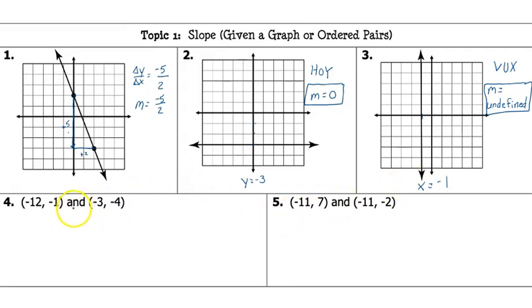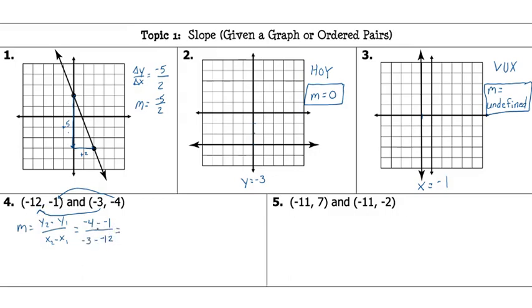Number 4 here, we're still looking for slope, so we're talking about the change in y over the change in x. So remember, our formula is m equals y2 minus y1 over x2 minus x1, or in this case, that would be -4 minus -1 over my x's, -3 minus -12.